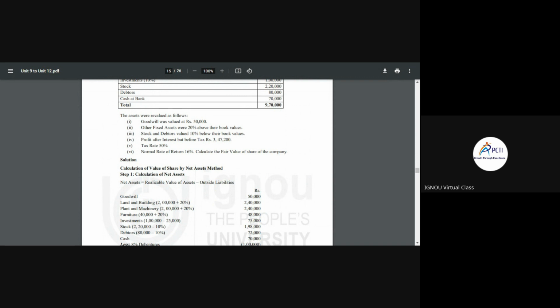Tax rate 50%. Normal rate of return 16%. Calculate the fair value of share of the company.